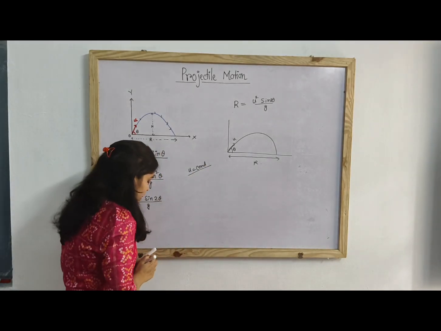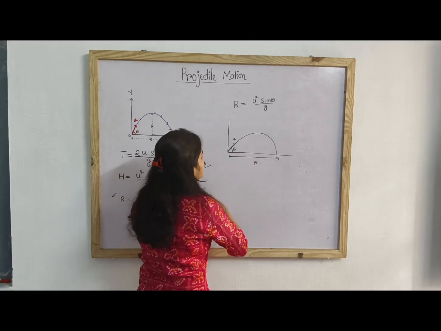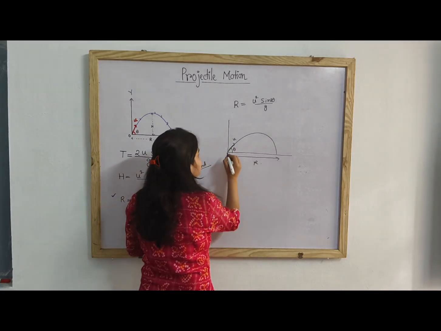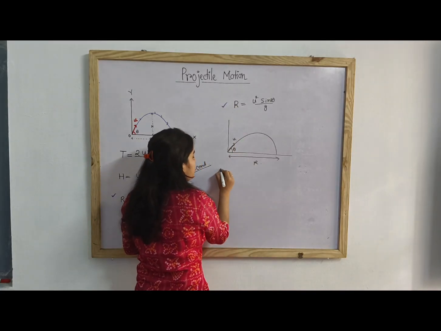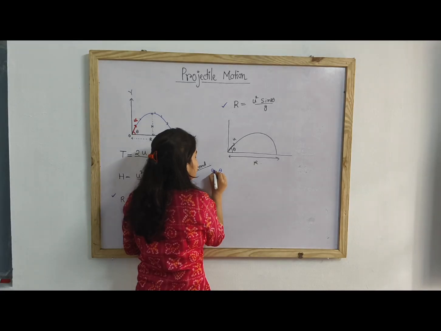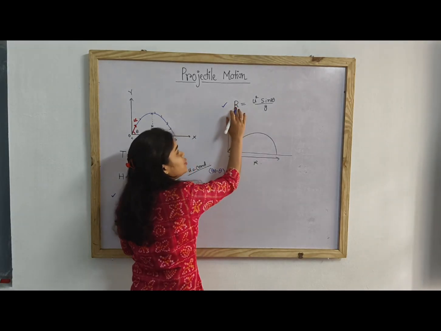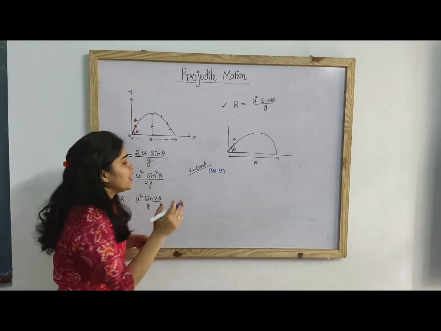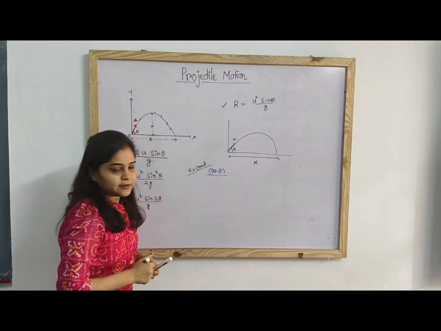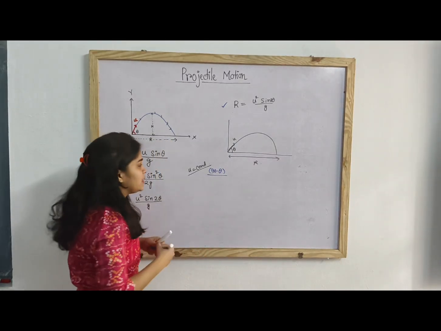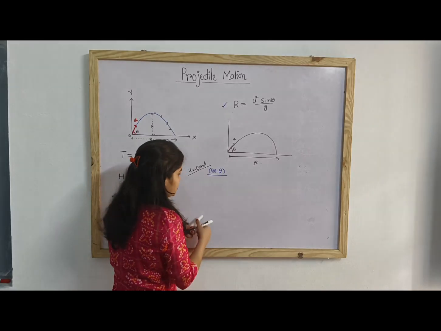Now suppose theta is different. In case of theta the formula is this, and now you will calculate the formula for range for an angle 90 minus theta, a different angle. So how can we do this?